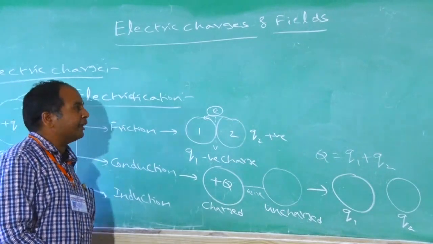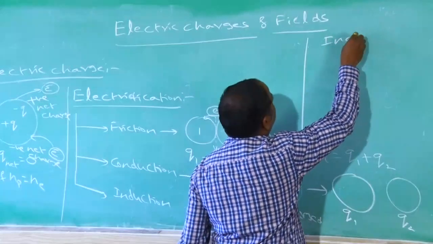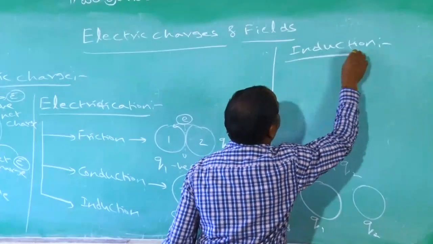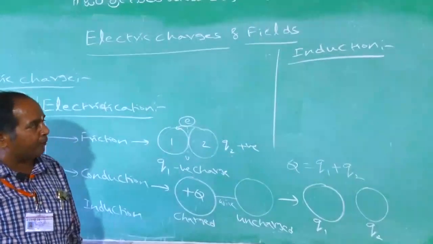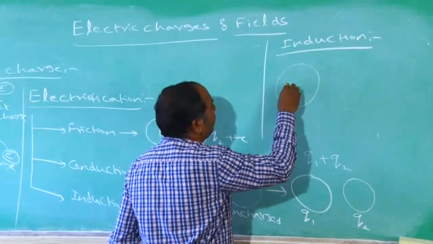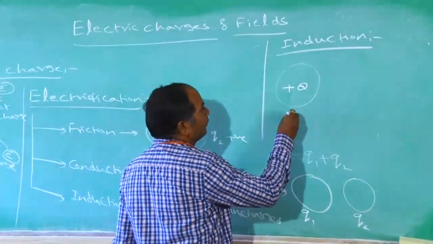Next one, induction. In the case of induction, it is a very important one in the electrification process. Suppose let us assume that this is the positive charged body. That means this is the charged body.